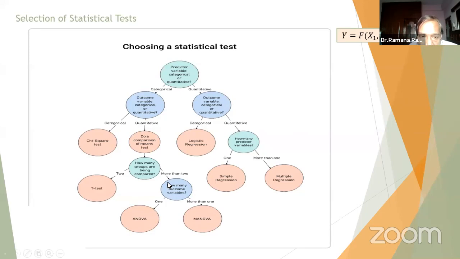So that is one branch we have traversed, where the predictor variables are categorical. But if they are numbered, what will happen if the outcome variable is categorical? That means the x's are continuous, whereas y is non-continuous.